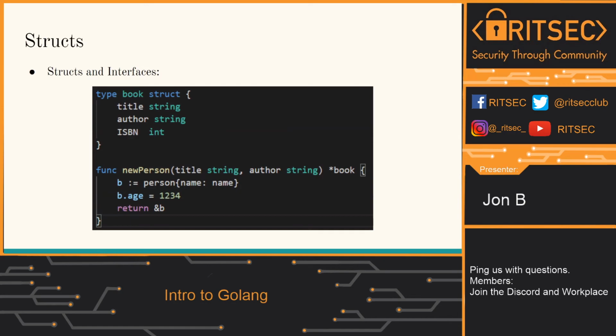So this will allow you to set a variable to be a book. The function itself takes in the title and sets it as the title, it takes in the author and sets it as the author, and it returns a pointer to the book.